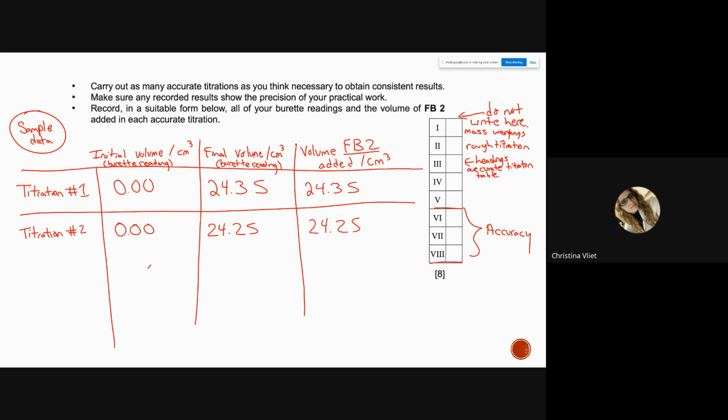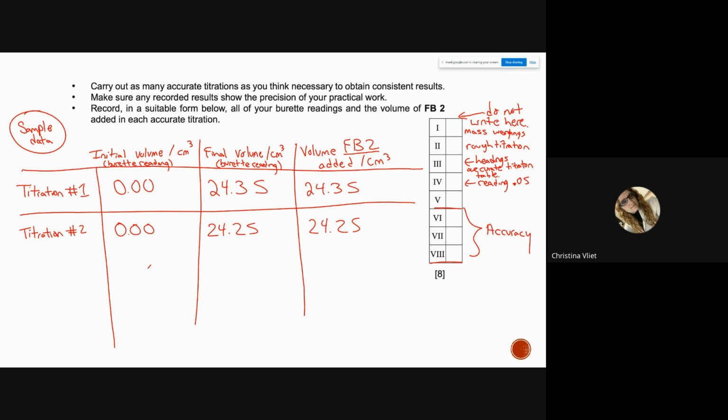Mark 4. Mark 4 is every reading is rounded to the nearest 0.05. So readings are all to the 0.05. Meaning that if you had said this is 24.3, you don't get that mark.